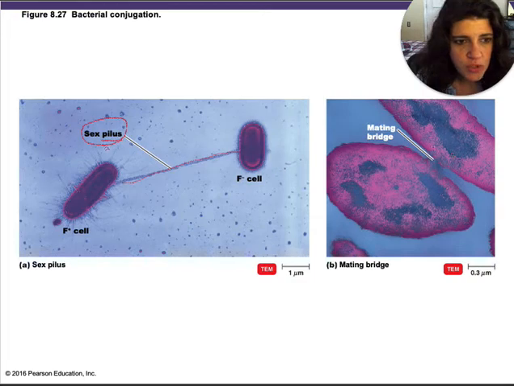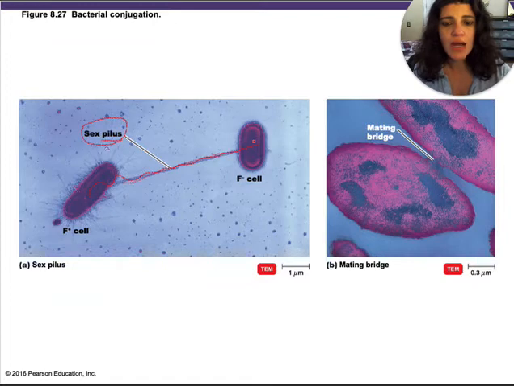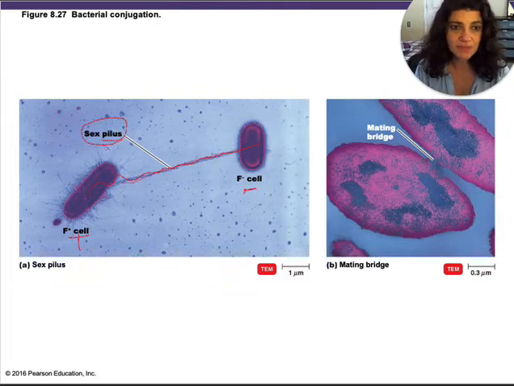And there's also another type of structure that is called mating bridge, which is shorter in length, that allows for transfer of the genetic material from a positive cell, you see how it says F positive, so it's fertility positive, to a negative cell. So it's just transferring material from one cell to another. But they're not mother and daughter. They can be bacterial cells from the same species or even from different species.